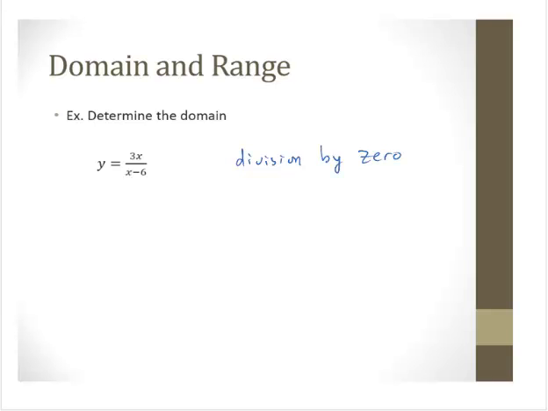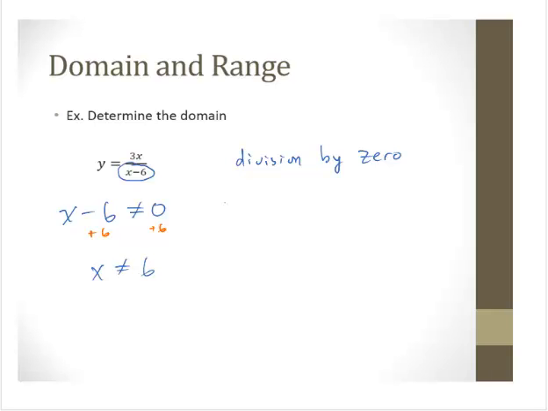So we do not want the denominator to equal 0. So what we'll do is we'll, in a sense, force it to equal 0. So we want x minus 6, we cannot let it equal 0. Well, adding 6 to both sides, that tells me that x cannot equal 6.